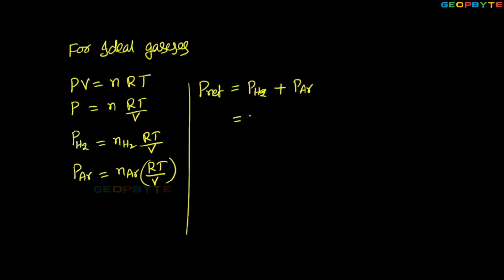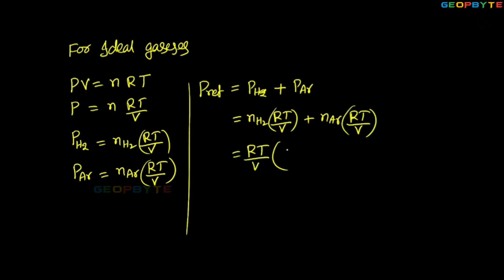Pressure of the hydrogen, n of H2, into RT by V, plus n of the argon into RT by V. So it is equal to RT by V outside, into n of the hydrogen plus n of the argon.